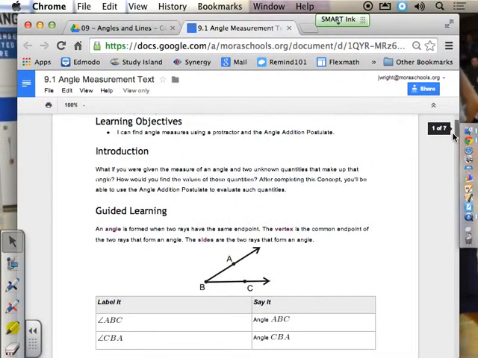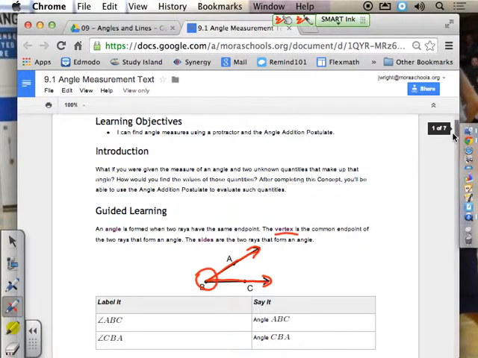as we can see right down here, when you have a ray and another ray, and they come together at an endpoint. All right, that endpoint is called a vertex.